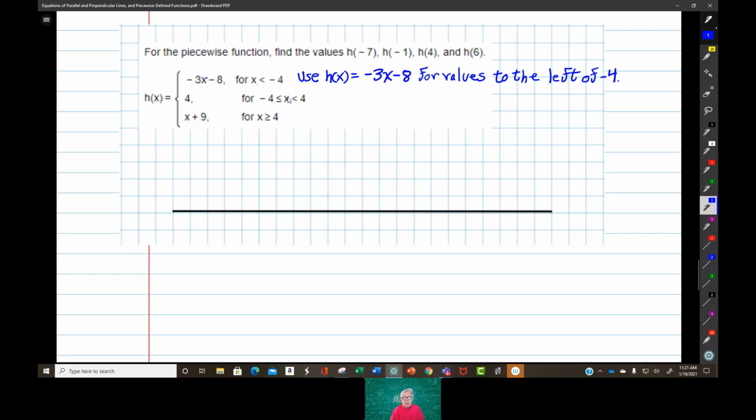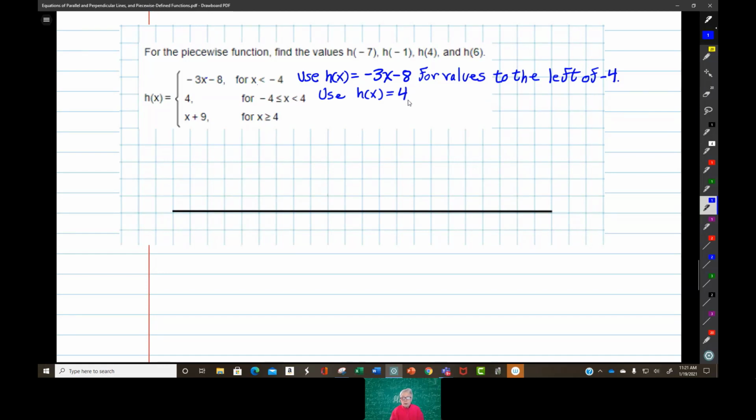Now, use h of x equals 4, not 4x, but just the number 4.